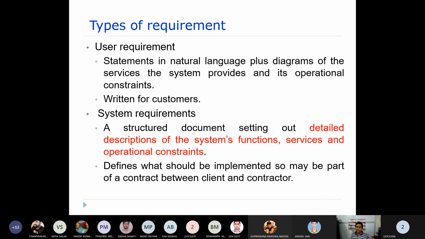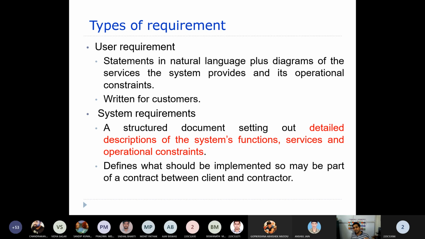Usually the user requirement is written in simple language because it is actually meant for the customer. If you use any technical jargon or technical words in this document, the user will probably not understand because they do not have technical knowledge.